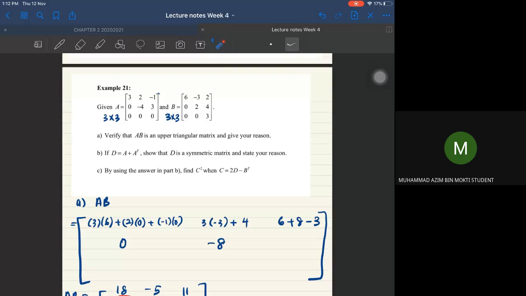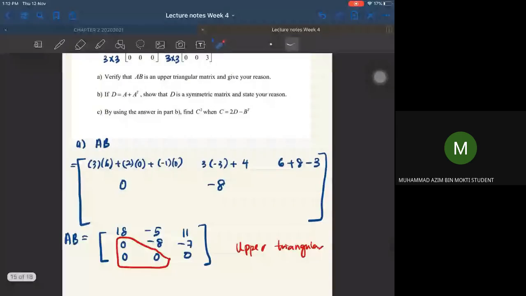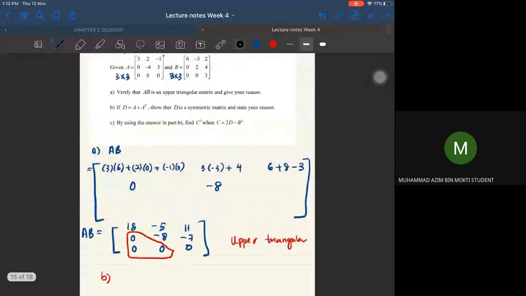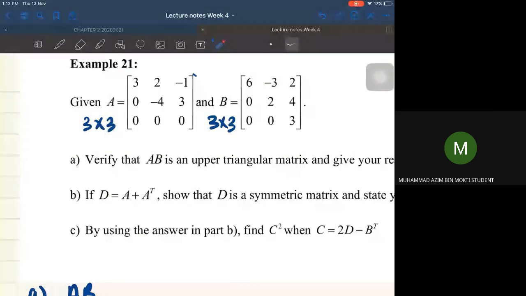Okay. So, for you to get the matrix D, so A plus A transpose. So, step awak yang pertama, awak kena cari A transpose lah dulu. Okay, sebab A transpose tak diberi kan. So, your A is equals to this one. So, kalau A transpose, so the first row, dia akan jadi the first column.